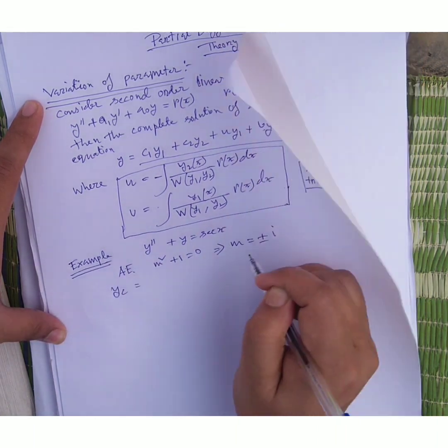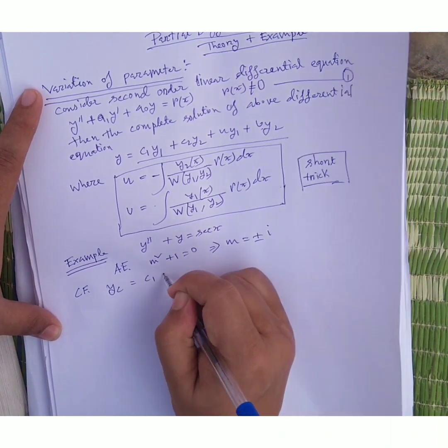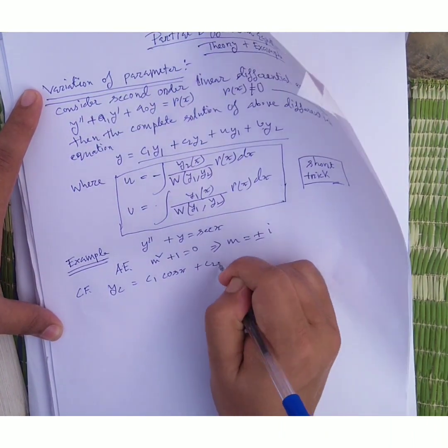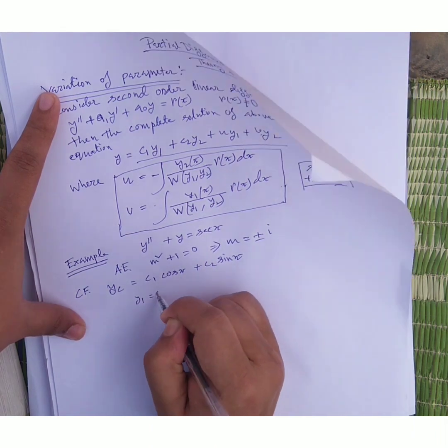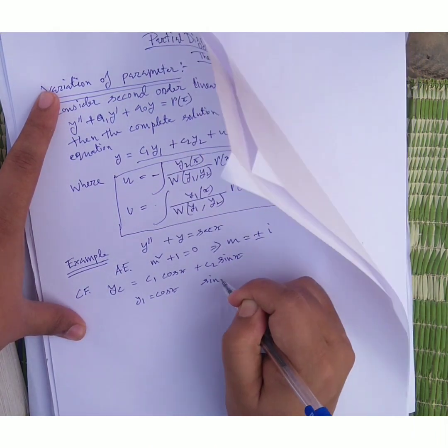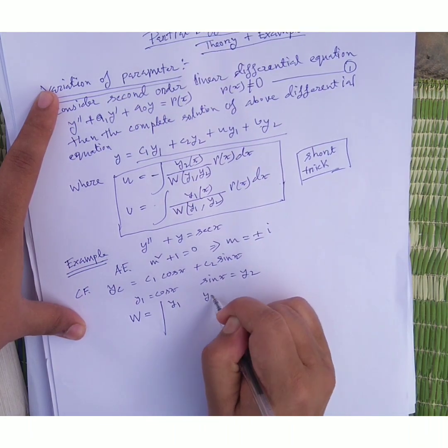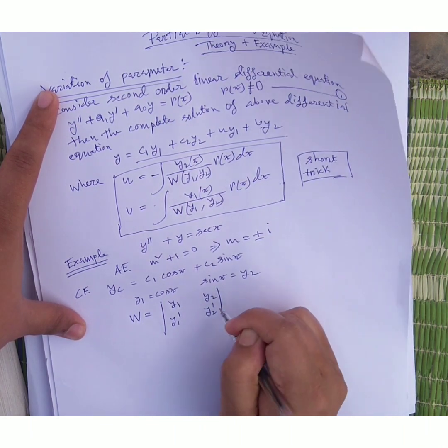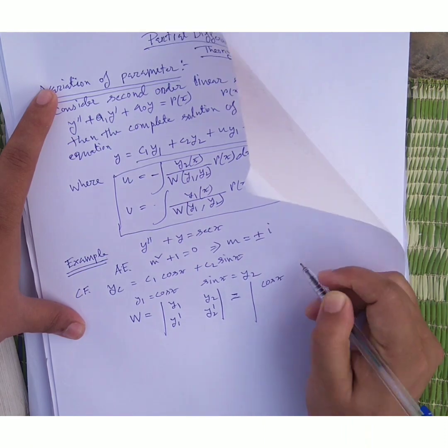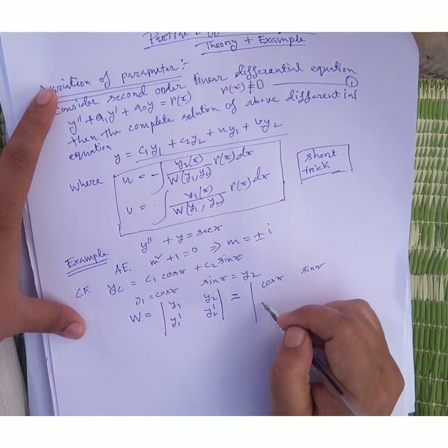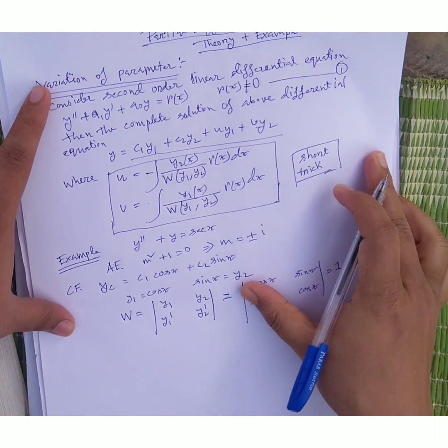So yc, the complementary function, is c1 cos x plus c2 sin x, where y1 is equal to cos x and y2 is equal to sin x. The Wronskian W is the determinant of y1, y2, y1 dash, y2 dash, which is cos x, sin x, minus sin x, cos x, and the Wronskian is equal to 1.